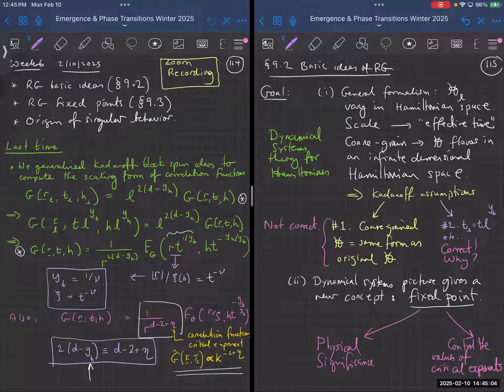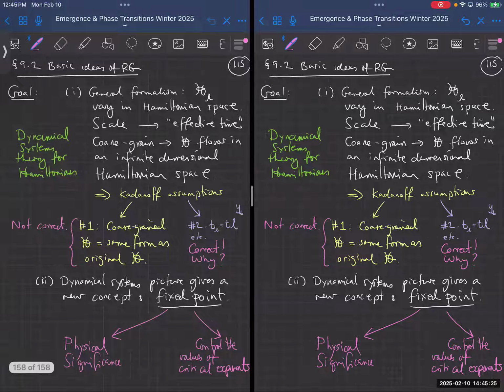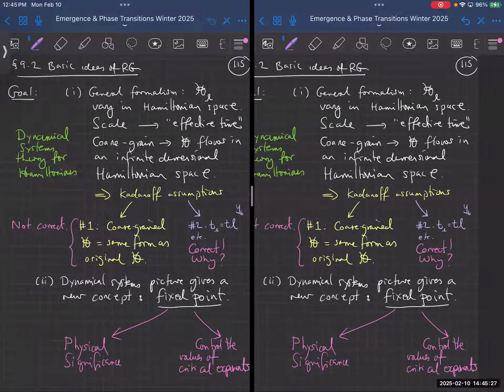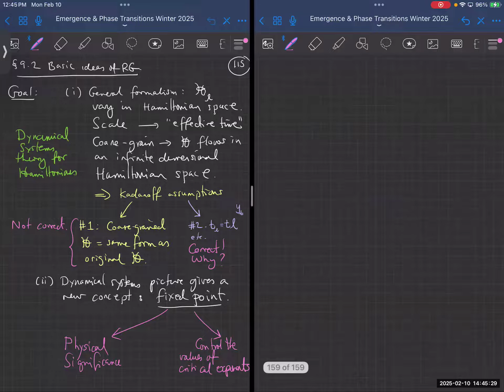So we can literally calculate the critical exponents, and the reason we can do that is because we've removed what was a convenient assumption for Kadanoff, which turned out, in fact, to be wrong, but we replaced it with something that is better. Okay, so that's the basic idea. So let's be a bit more precise.